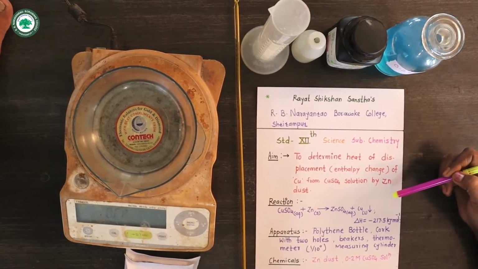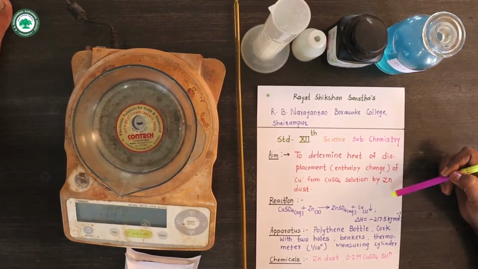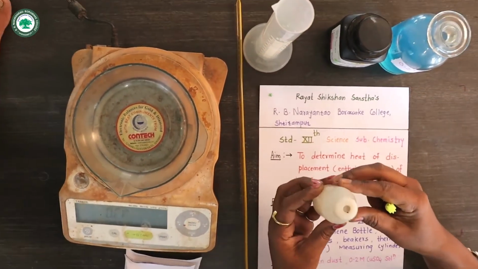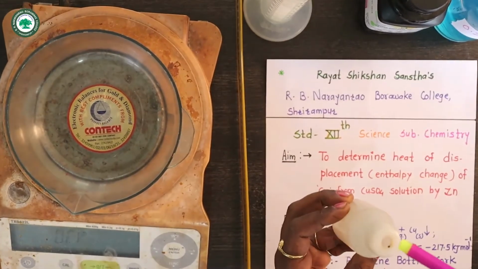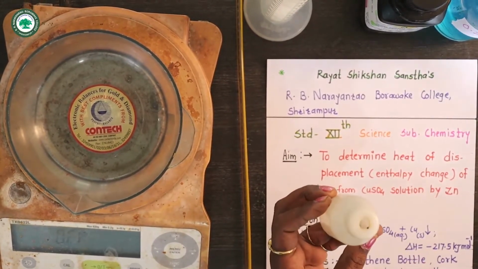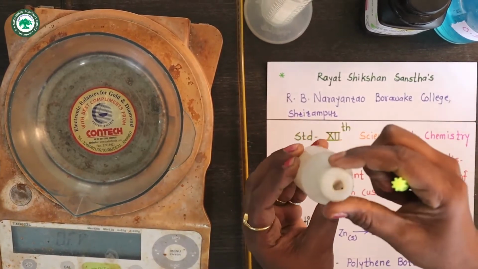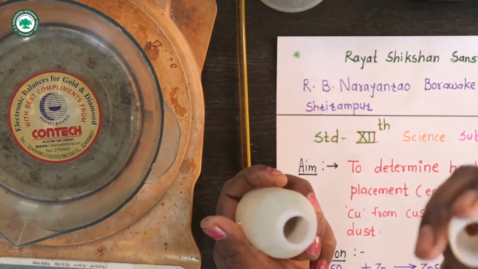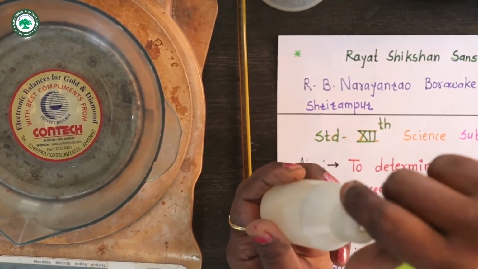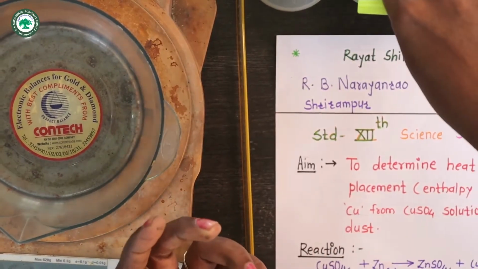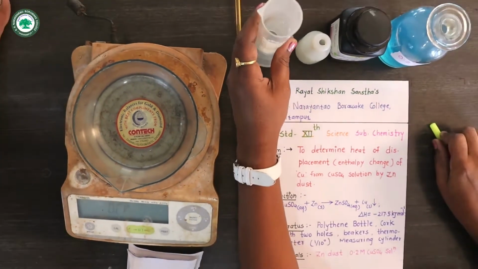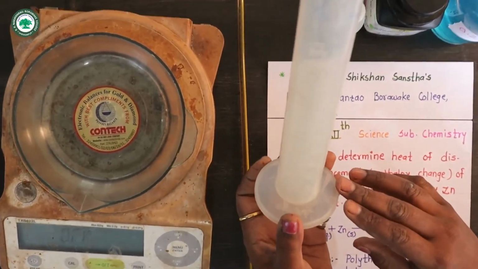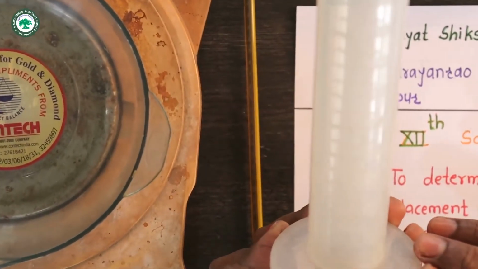Now the apparatus required for this experiment: this is a polythene bottle, and the stopper of that bottle has a hole to insert the thermometer into the bottle. We also use a measuring cylinder to measure the copper sulfate solution.